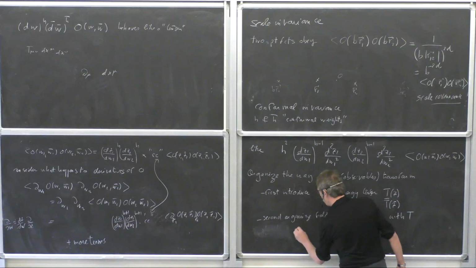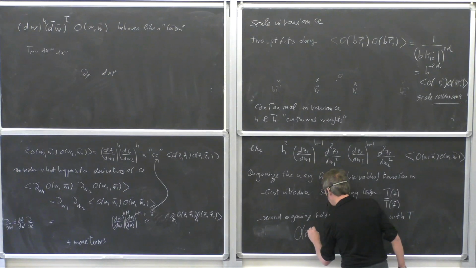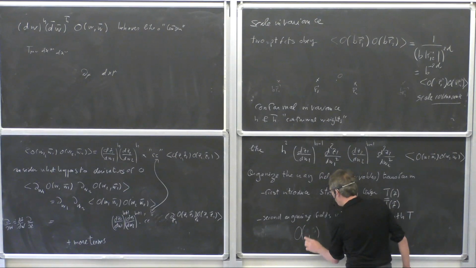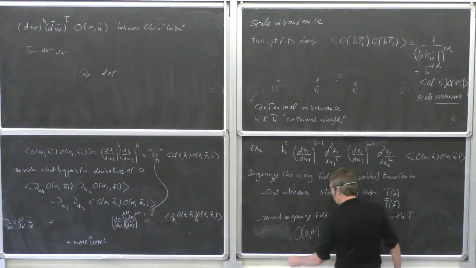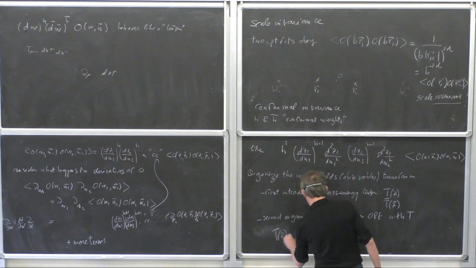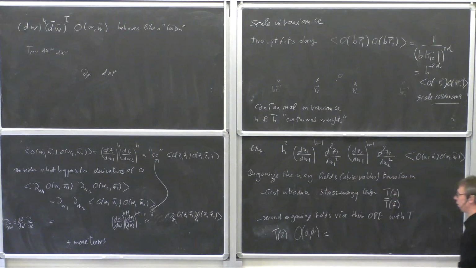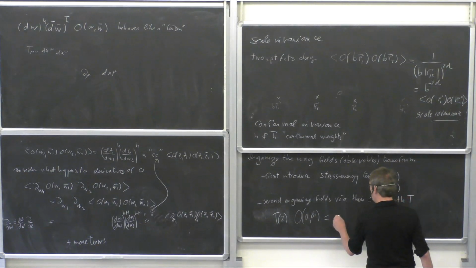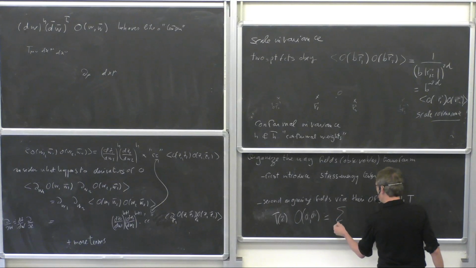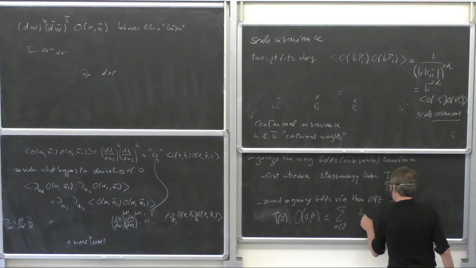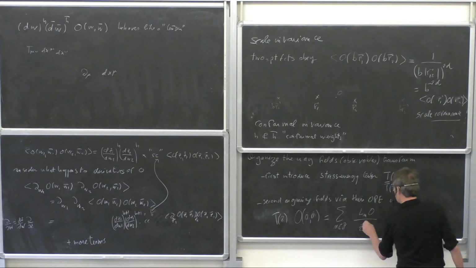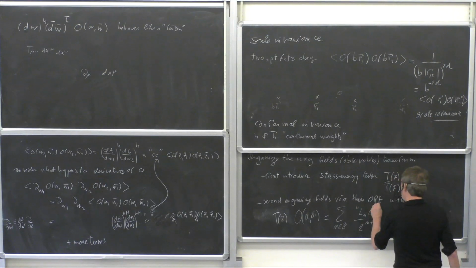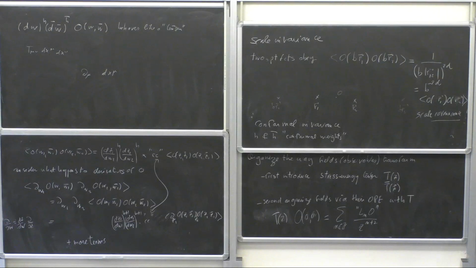So whenever you have a field O, let's put it at the origin, what you're going to do is look at the operator product expansion, which may be hard to calculate, but it has some general structure that we control. And it's going to read sum over n of something I'll call L_n O over z to the n plus 2.